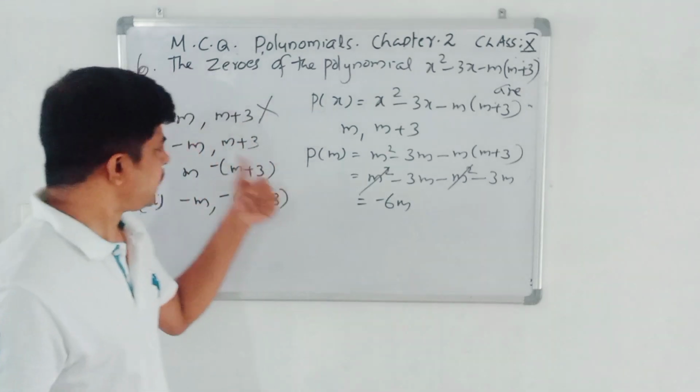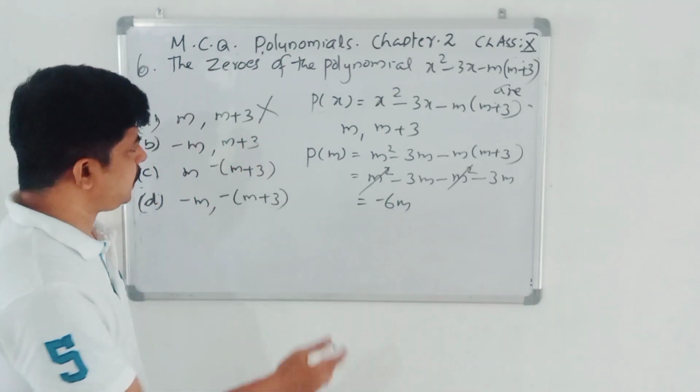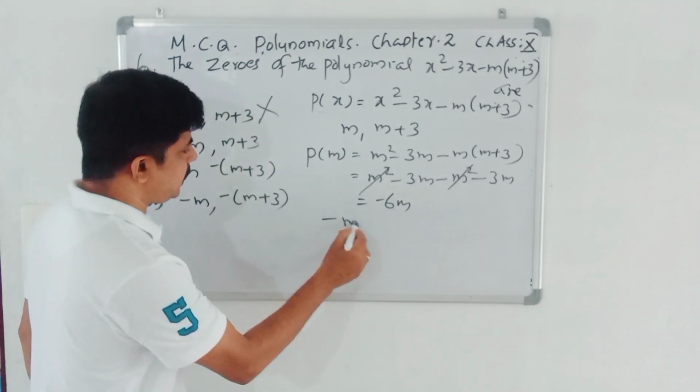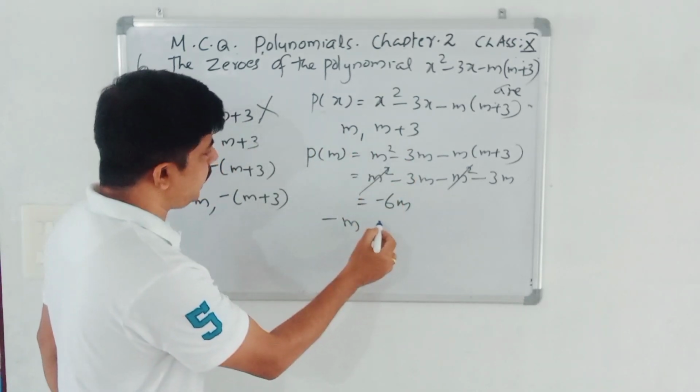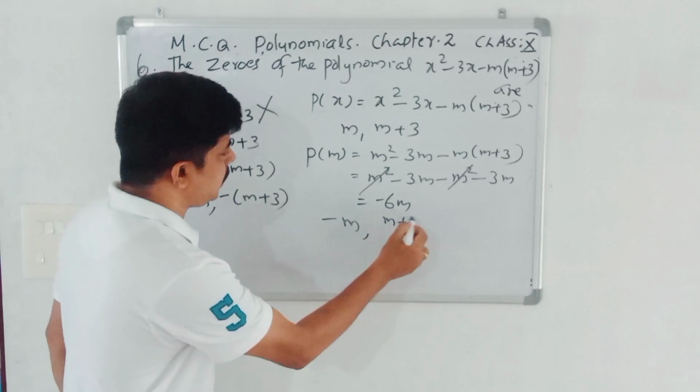Now let us go for the second option and see whether it is correct or not. Let us verify negative m and m plus 3.